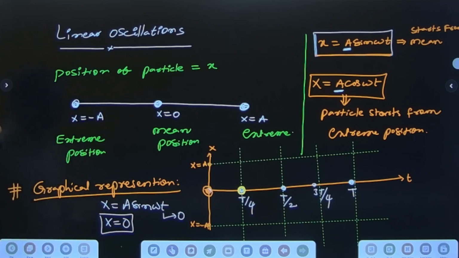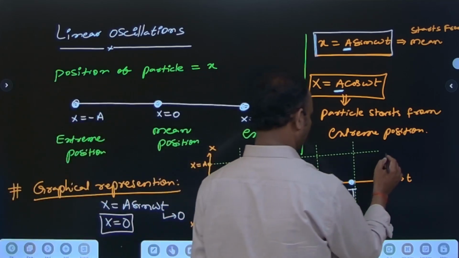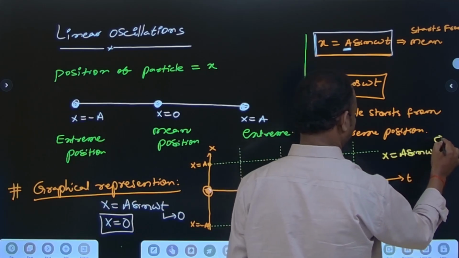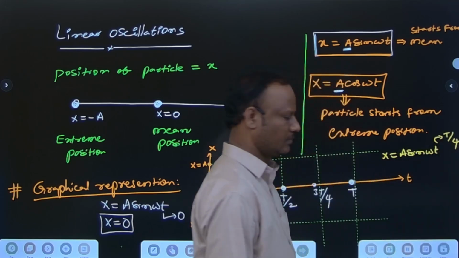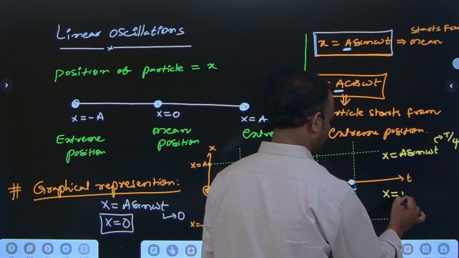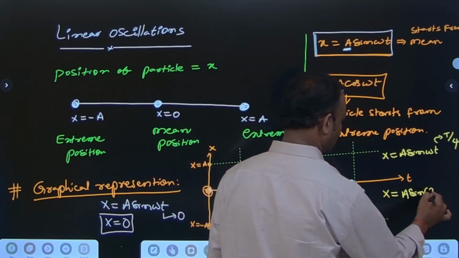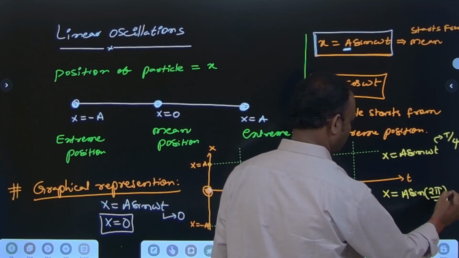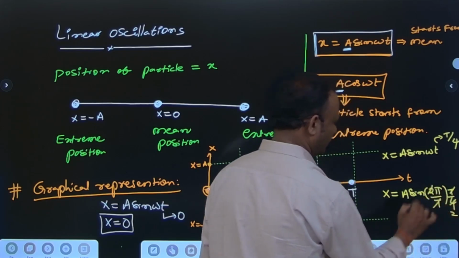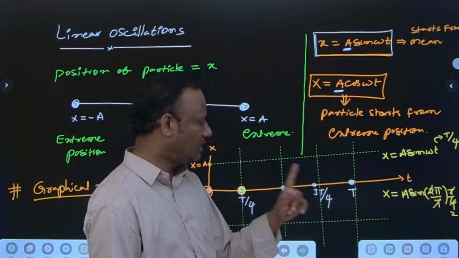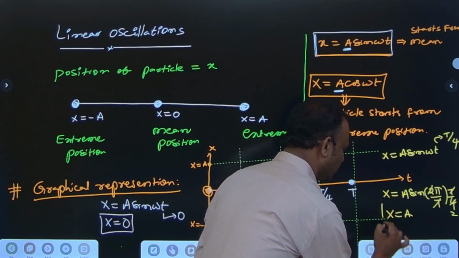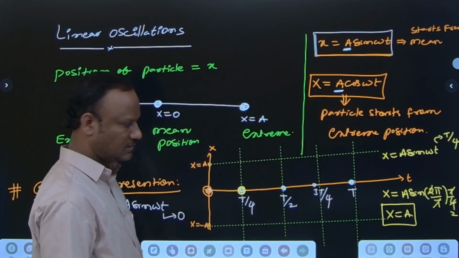Omega means 2 pi by T. So x is equal to A sin of 2 pi by T into T by 4. T and T cancel, 2 ones, 2 twos, so pi by 2. Pi by 2 is 90 degrees. Sin 90 value is 1, 1 into A. So then what did you get? x is equal to A only.